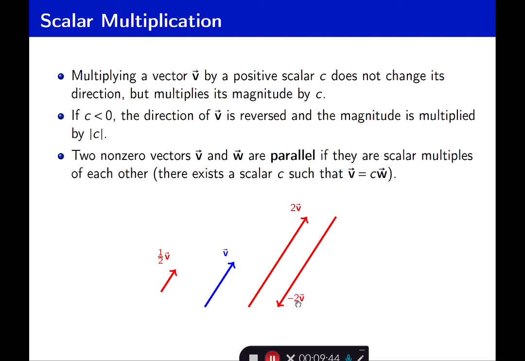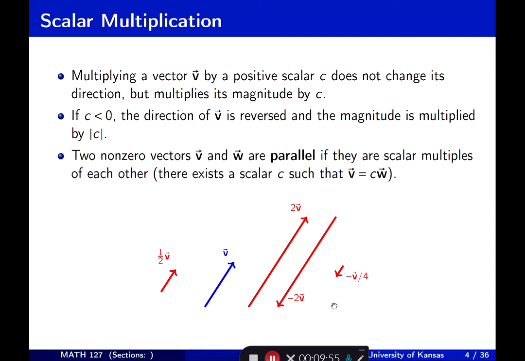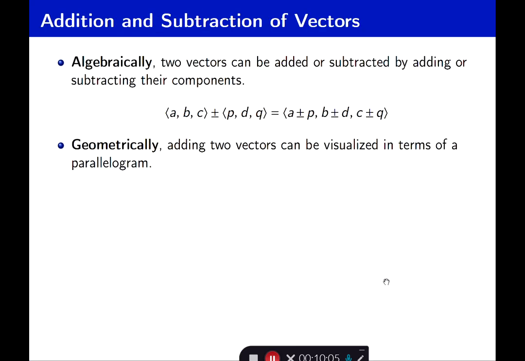Another scalar, -2 times v, has twice the magnitude of v and the opposite direction. -1/4 of v, or -v/4, has 1/4 of the magnitude and is in the opposite direction.